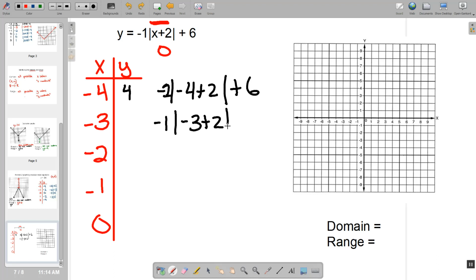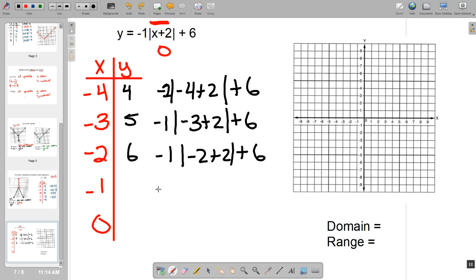-3 plus 2 plus 6. This ends up being -1. Absolute value of that is +1. -1 plus 6 is 5. Now, if we do this one, we are hoping that it ends up giving us our vertex. This ends up being +6.